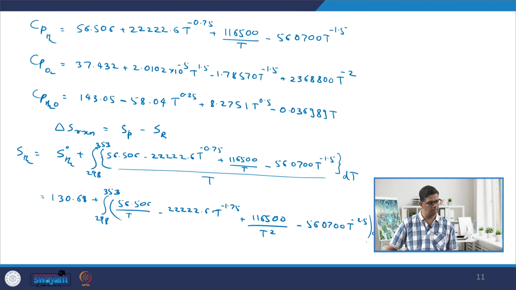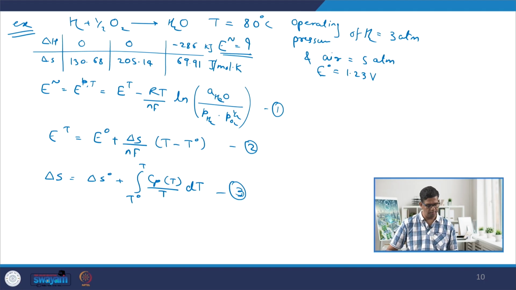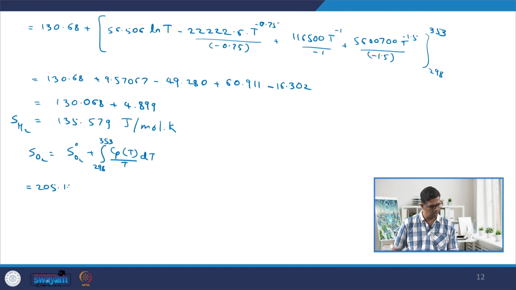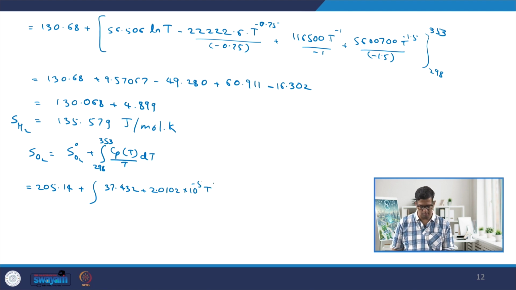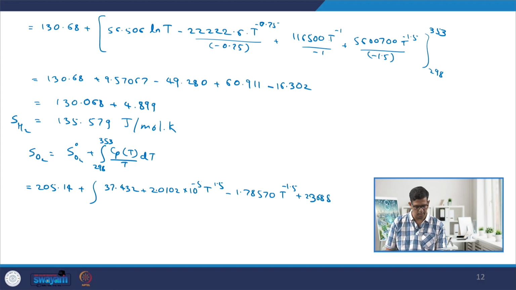So entropy at STP of our oxygen is 205.14 plus, let us include the Cp term, which is 37.432 plus 2.0102 times 10 to the power minus 5 times T to the power 1.5 minus 1.78570 T to the power minus 1.5 plus 2368800 times T to the power minus 2.